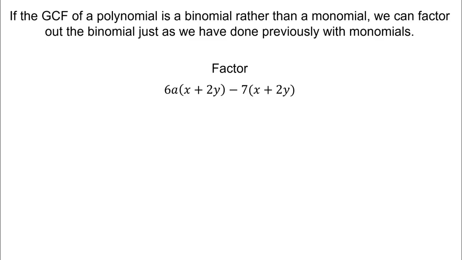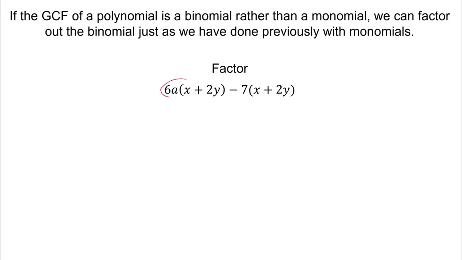Here we're asked to factor 6a times the sum x plus 2y minus 7 times the sum x plus 2y. Now, it's a little bit hard to tell, but this expression contains only two terms.